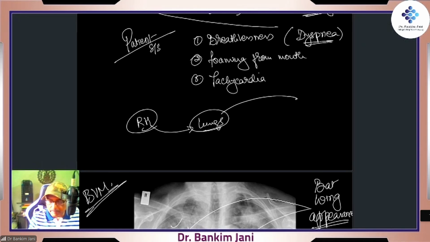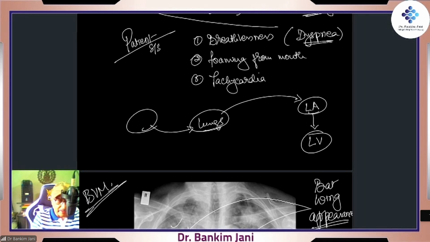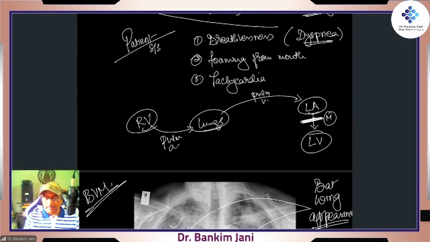And the blood will be pushed into the left atrium to left ventricle. Right? And I'll write over here the right ventricle. These are the pulmonary arteries. These are the pulmonary veins. The valve which is present over here is the mitral valve. This is clear, right? This circuit.